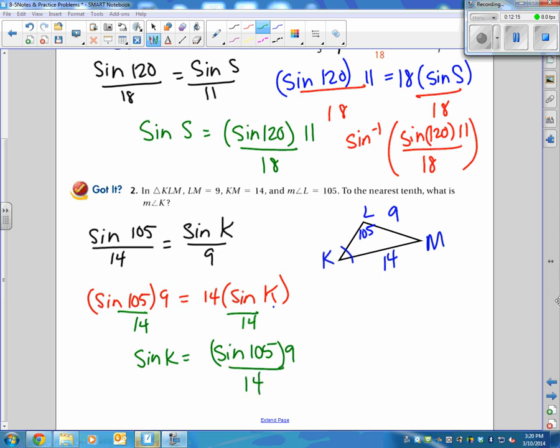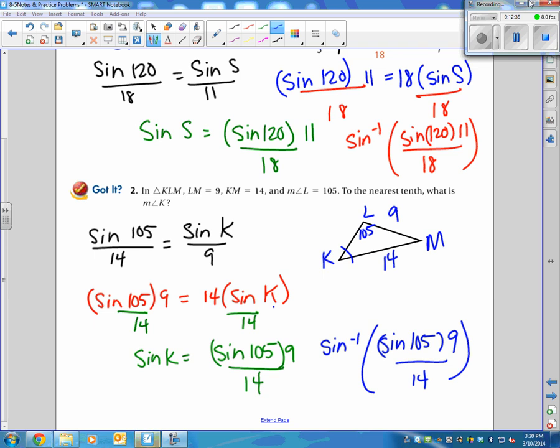Just like before, since we're looking for an angle, we use the inverse sine. So in the calculator, I will enter inverse sine of sine 105 times 9, all divided by 14.